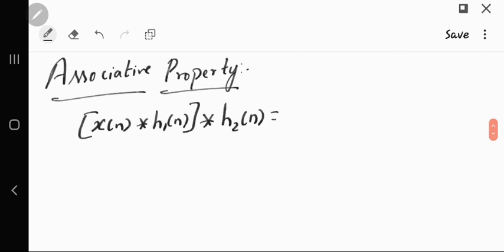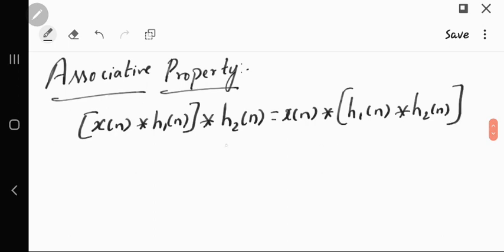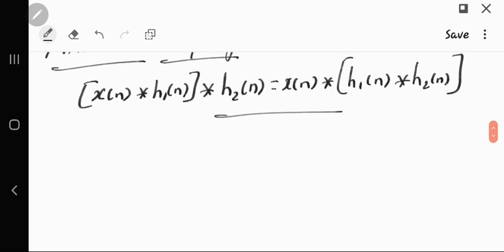The definition of the associative property goes like this: x of n convolved with h1 of n, whole convolved with h2 of n, is equal to x of n convolved with h1 of n convolved with h2 of n. So, this is the definition of the associative property. This is the property definition. So, let us take the proof for this.